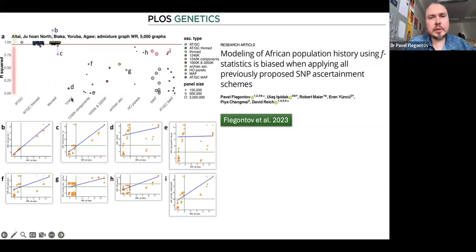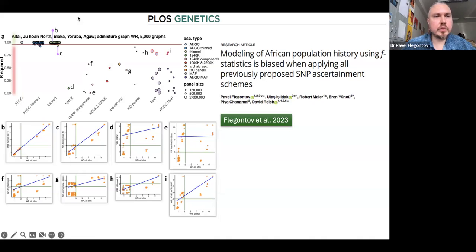And finally, we can repeat this analysis not for F statistics, but for admixture graphs, which are simple tree-like models with admixture that rely on F statistics. So instead of residual standard errors of these scatter plots, we plot residuals of admixture graphs.